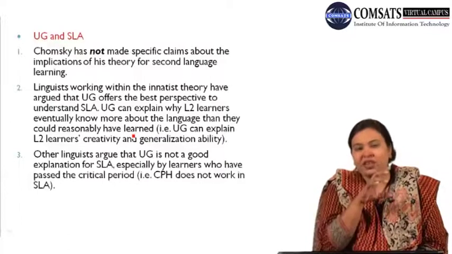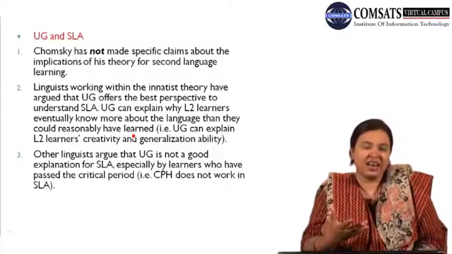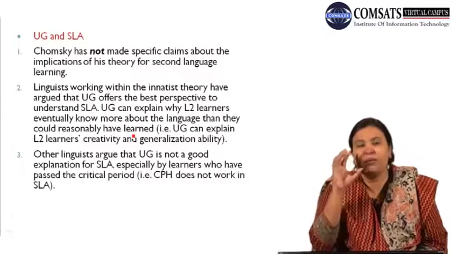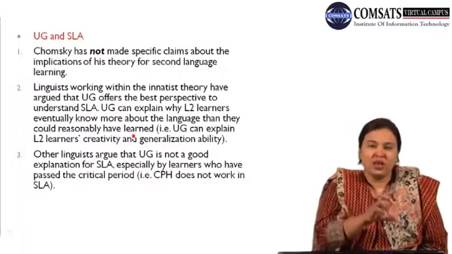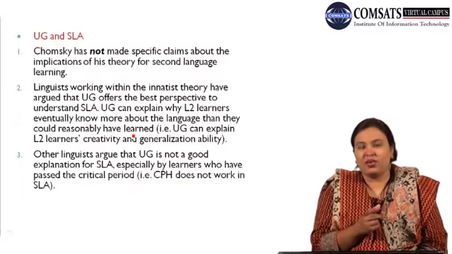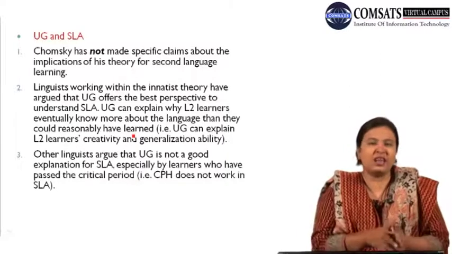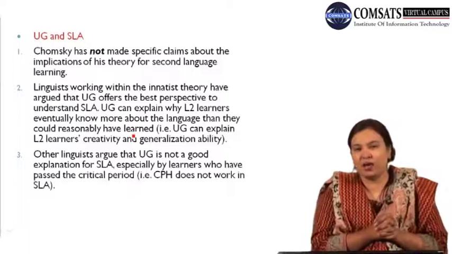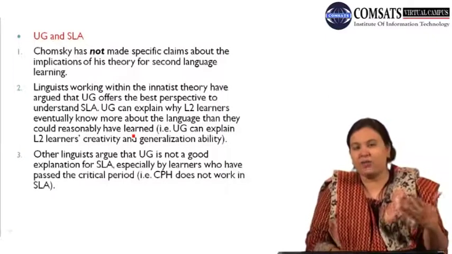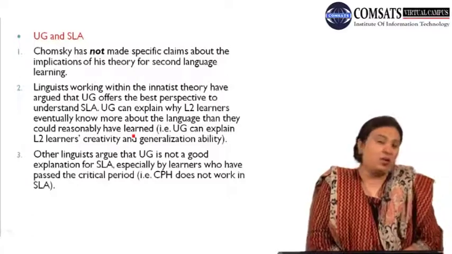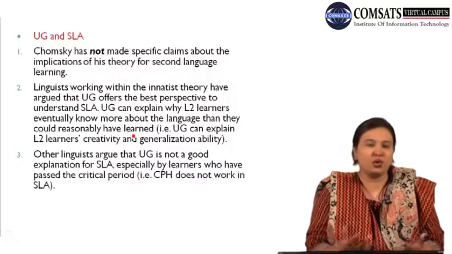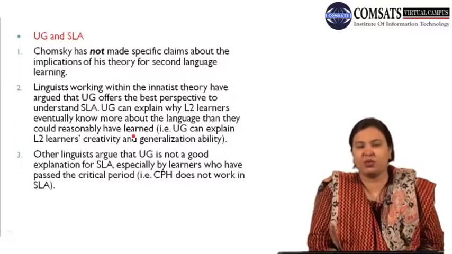I mean, if children are exposed to the second language in their childhood, they would acquire that language in a better way, in the native way, than children who were exposed to the second language in the later years of life. So if children have passed that critical stage, they would not be able to produce such good structures of the second language. So no explanation could be provided with respect to UG.